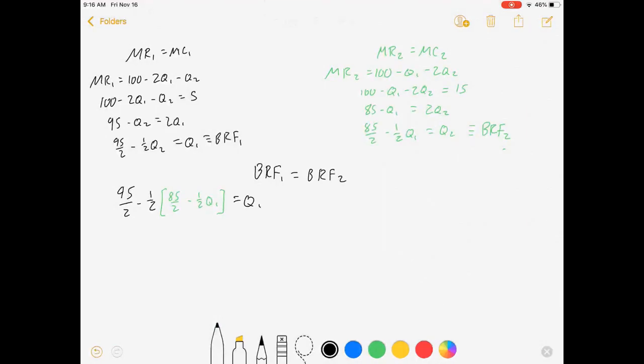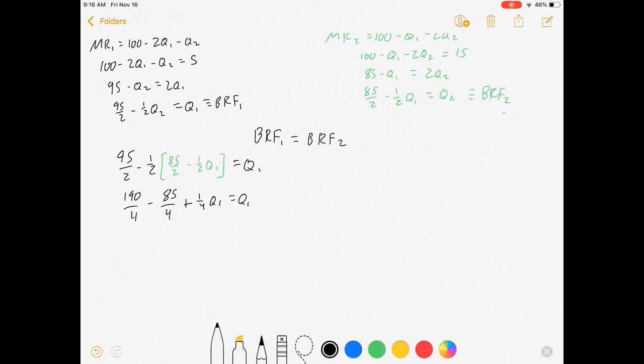That's 190 over 4 minus 85 over 4 plus 1 over 4 Q1 equals Q1. 105 over 4 equals 3/4 Q1, and that comes out to be Q1 equals 35. Boom, got it.